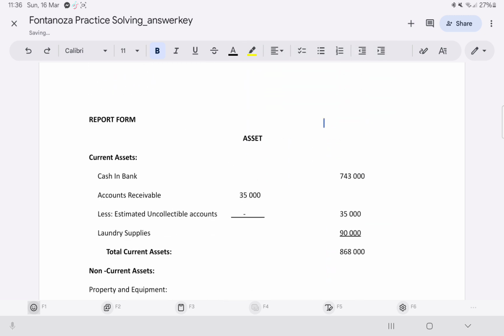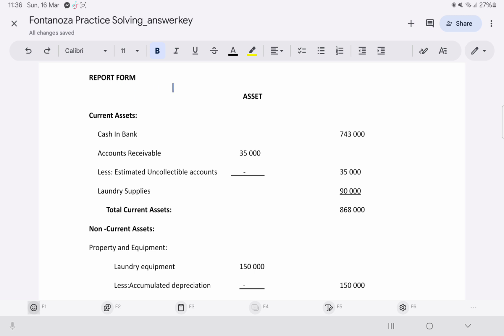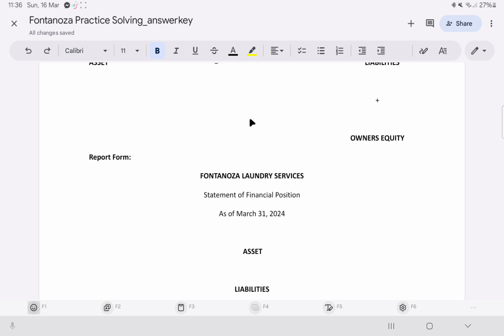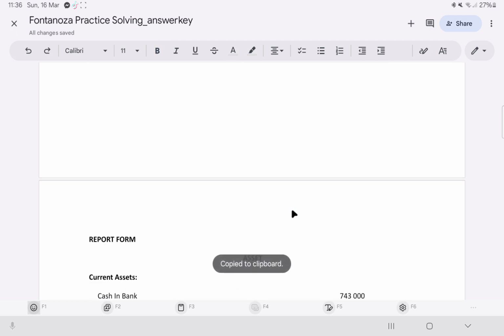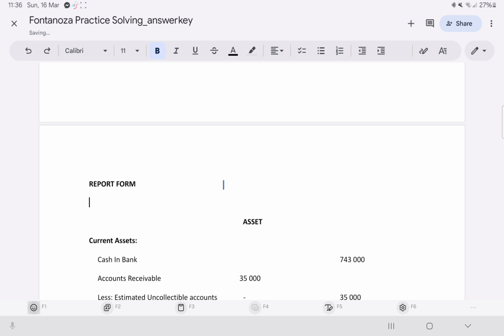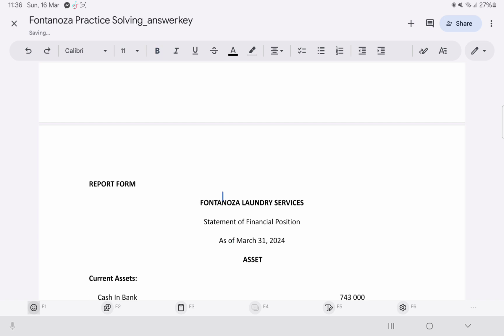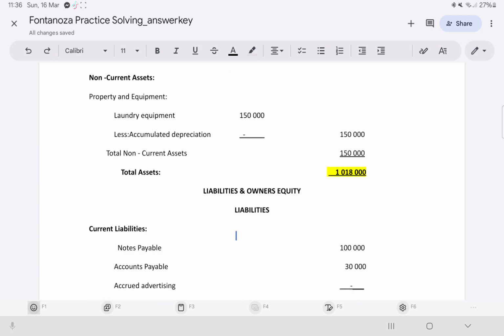So that's the report form of presenting the statement of financial position. But always remember, do not forget the heading. I almost forgot the heading. So: Fontanoza Laundry Services, Statement of Financial Position as of March 31, 2024. Here's the format.